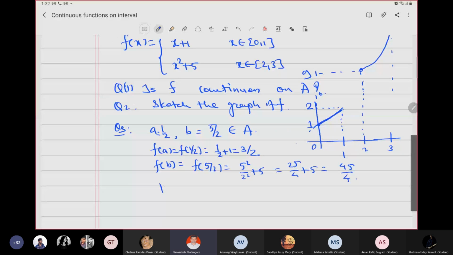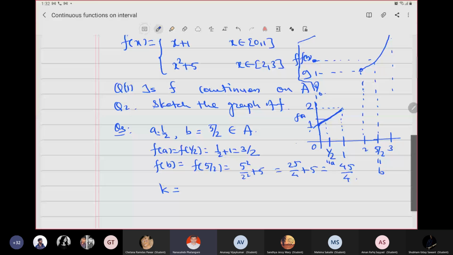Now, half is here and 5 by 2 is here. And what is the value of function at 5 by 2? So this is b, this is a, it is f of b. And what is f of half?